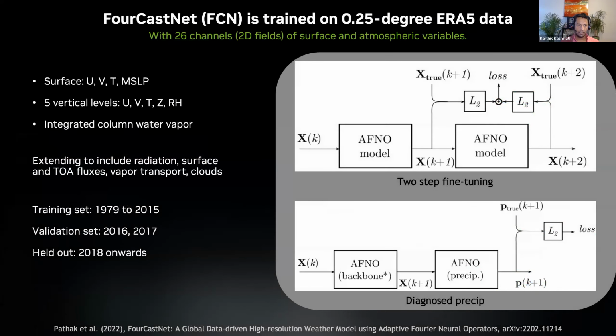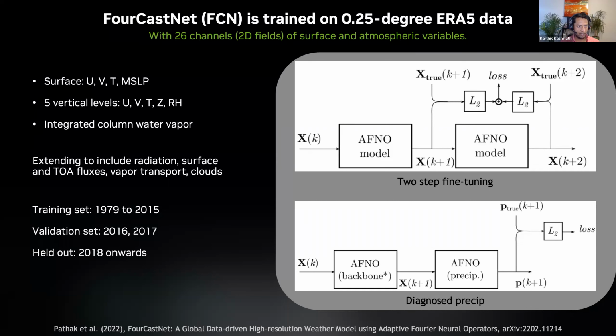So ForecastNet, as I mentioned, is trained on 0.25 degree ERA5 data. That's the native resolution of this data set. We're currently using only a small subset of the total ERA5 atmospheric data. In particular, we're using 26 channels, and by channel, I refer to a 2D field of an atmospheric variable.